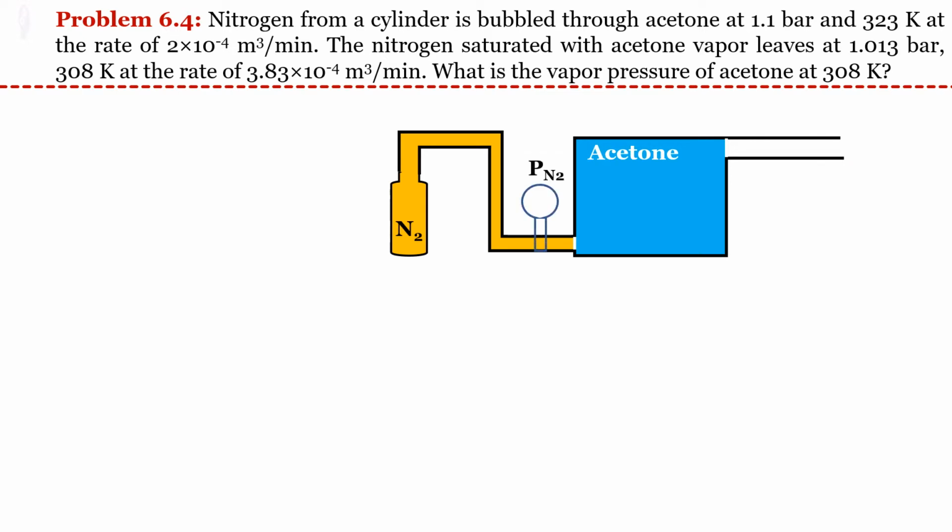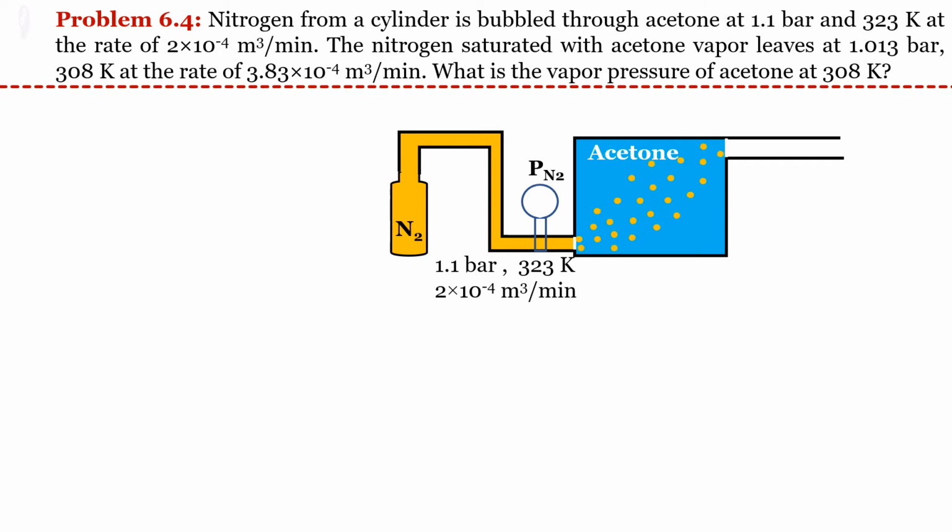Now as per the problem, the pressure of nitrogen before entering the acetone is given, that is 1.1 bar at 303 Kelvin, and the rate is also given. So we can write all these things. Before entering, the pressure of nitrogen is given at a particular temperature and the flow rate is also given.